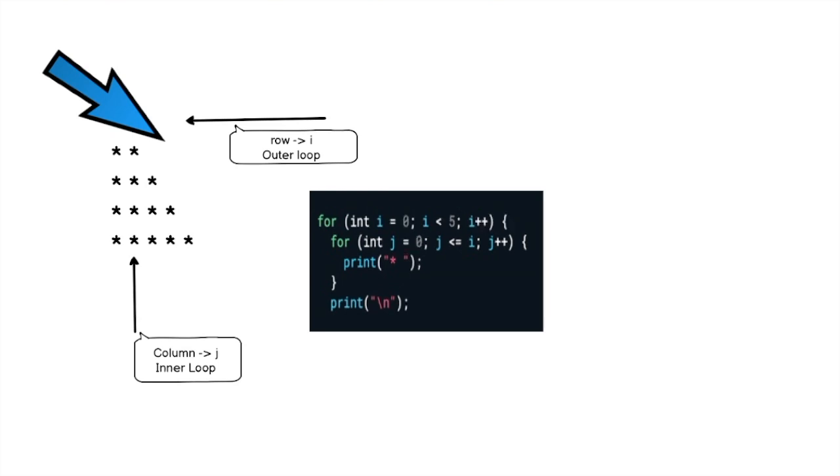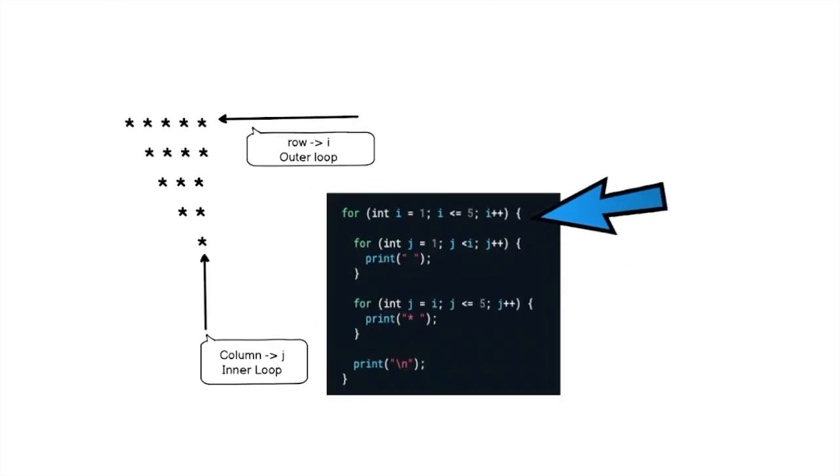We'll move to the second example. What we have to be very careful about in this one is the leading spaces, unlike the first example where the printing started from the left corner and then went down below.